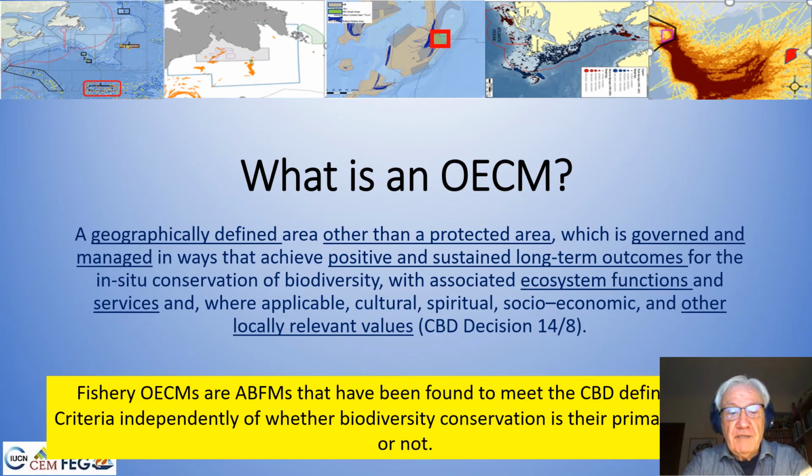But what is an OECM? In 2018, the CBD COP14 clarified the concept of OECM and provided a definition and voluntary guidance. The definition states that an OECM is a geographically defined area, other than a protected area, which is governed and managed in ways that achieve positive and sustained long-term outcomes for the in situ conservation of biodiversity, with associated ecosystem functions and services and, where applicable, cultural, spiritual, socioeconomic, and other locally relevant values.